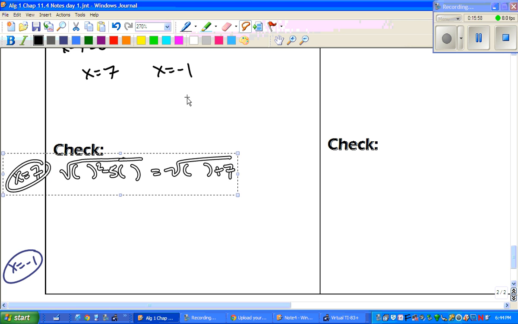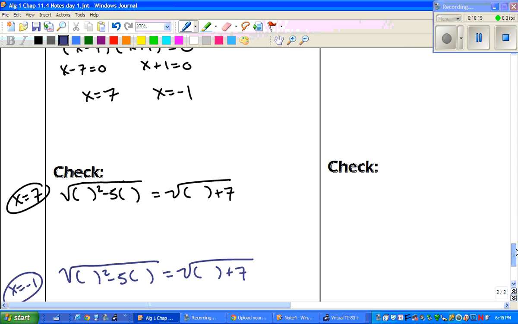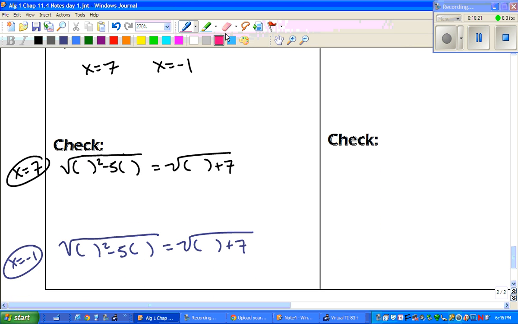Okay? It's not going to let me do that, so I'm just going to have to rewrite it. Life is tough in technology world today. So, remember that we got 7 and negative 1. So the first one we're going to try is 7.